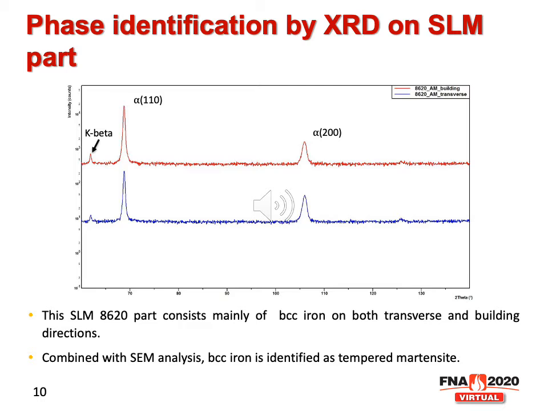The pattern for the transverse direction is very similar to the XRD pattern for the building direction, and we mainly see BCC iron. Combined with the SEM micrographs, this BCC iron is identified as tempered martensite.